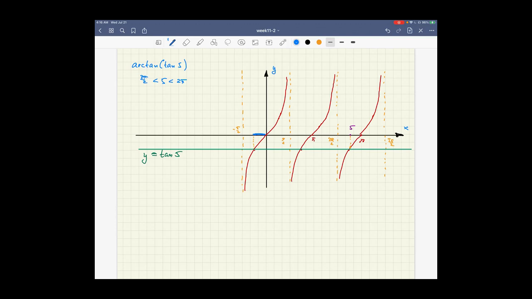Let's again denote it by alpha. So by symmetry, this also is alpha.